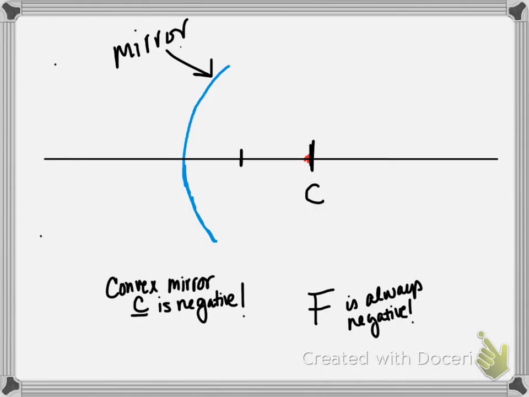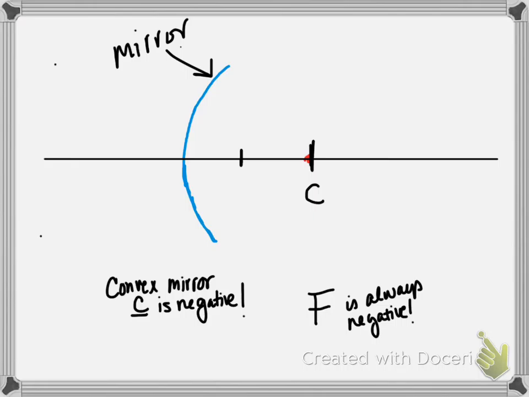Obviously, we don't have all the same cases as with the concave: object outside the center of curvature, object between the focal point and center of curvature, object inside the focal point. None of that can happen here, because every single object is on the plus side of the mirror, and the other things are all on the negative side.